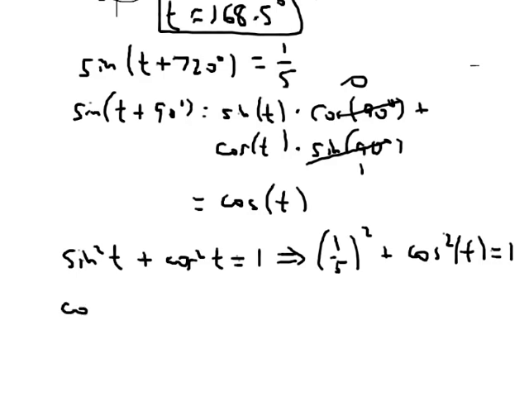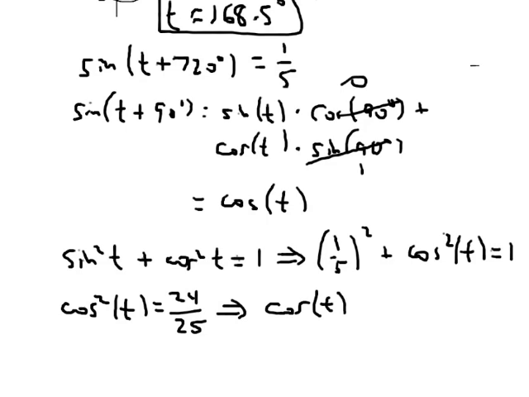And so that means that the cosine squared of t is 24/25, which means the cosine of t is plus or minus the square root of 24 over the square root of 25, which is 5.